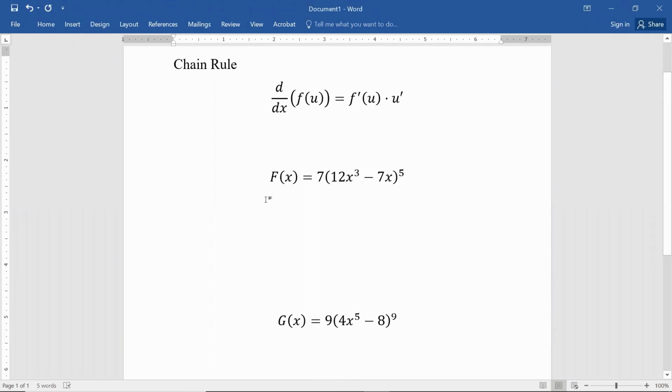I like to think of this as dealing with an inside function of, I'll call it u. This would be sort of like a 7u to the 5th. That's my outside function, and my inside function of u is going to be 12x to the 3rd minus 7x.